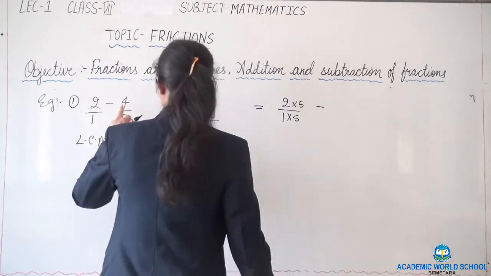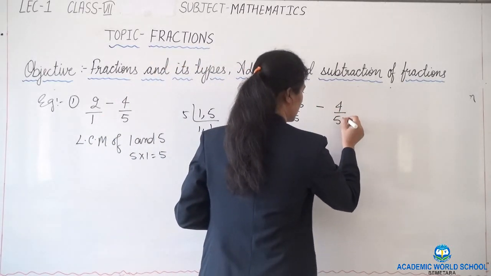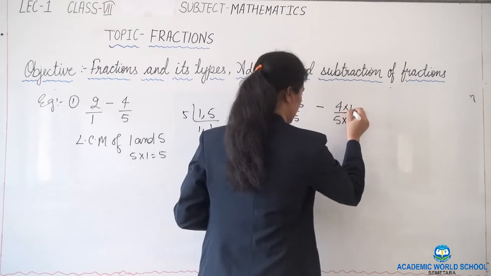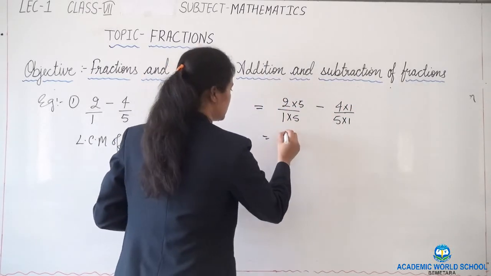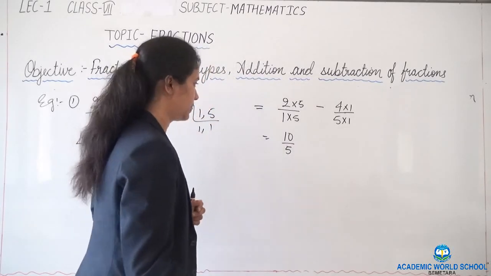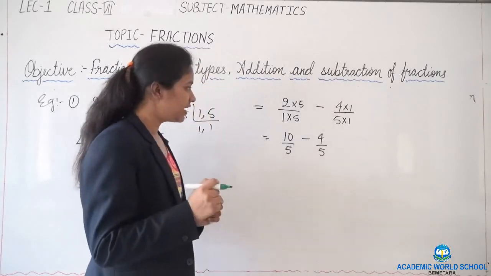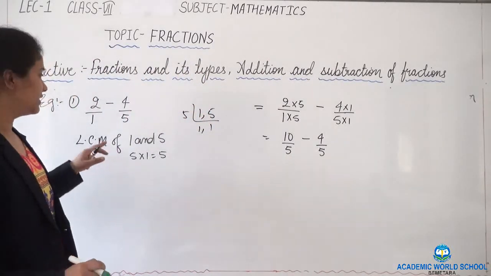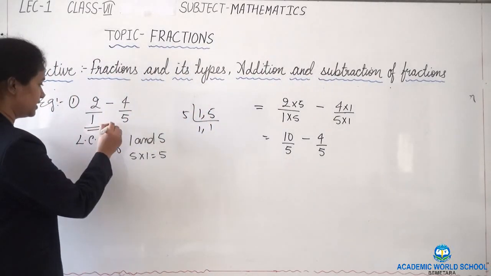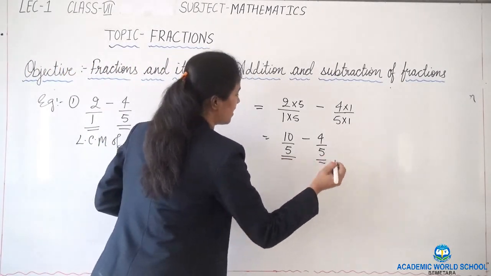Minus the second fraction here is 4 upon 5 into 1 into 1. So 10 upon 5 minus 4 upon 5. So very simply we have converted the unlike fractions, meaning the two denominators, to 5.